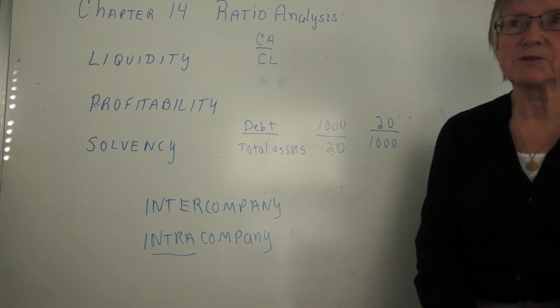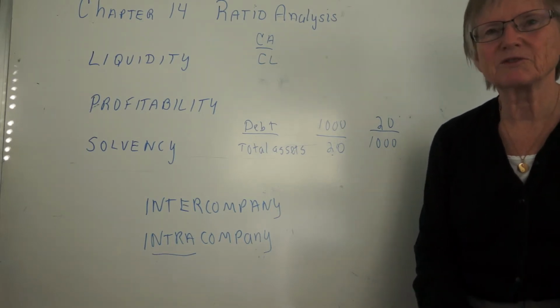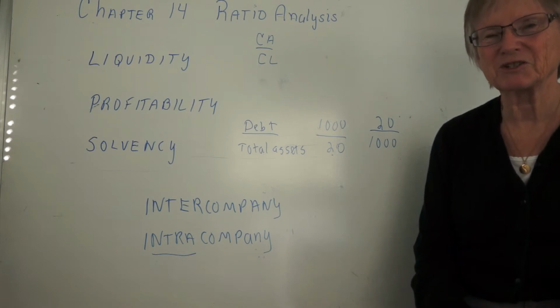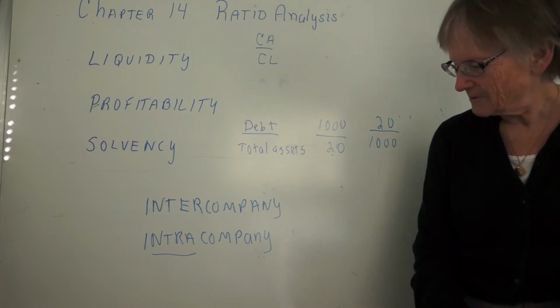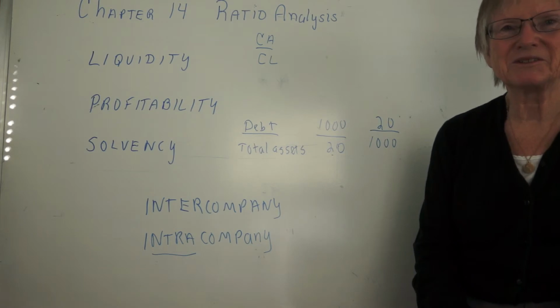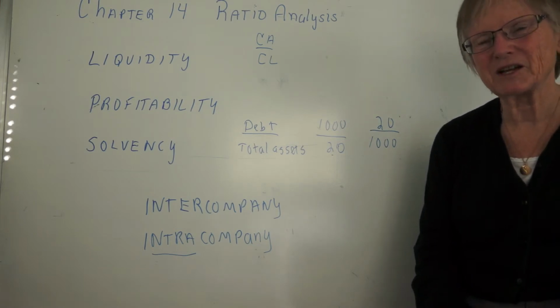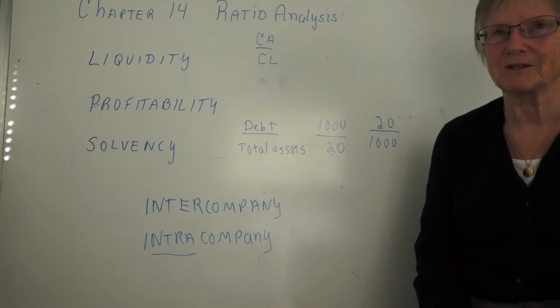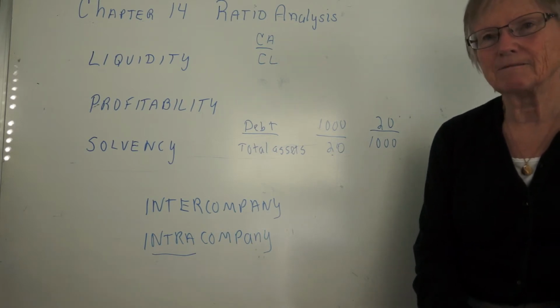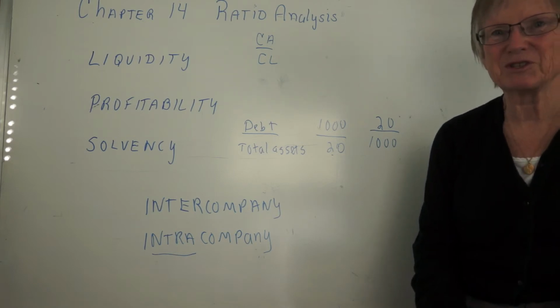Some firms use LIFO, some firms use FIFO, and you have to make adjustments if you're seriously using ratios to analyze companies. Also seasonality, the time of the year. Some businesses have a lot of activity towards the end of the year, some at other times of the year. Think down on the Cape, those businesses have definitely different averages in the summer than they would in the winter.